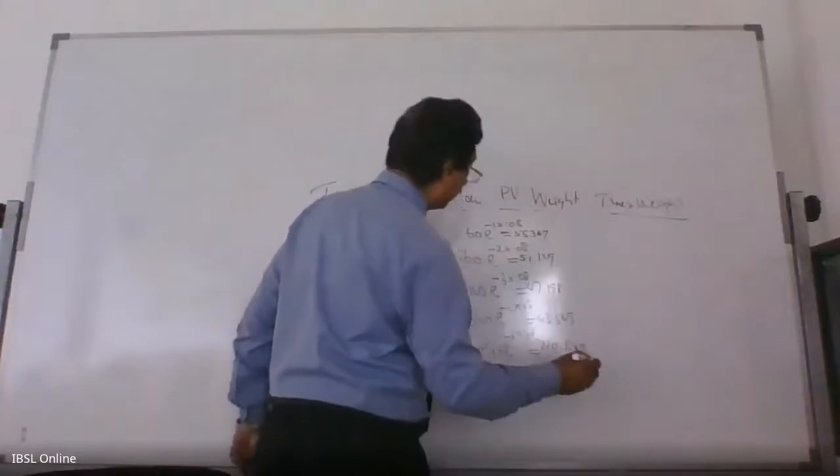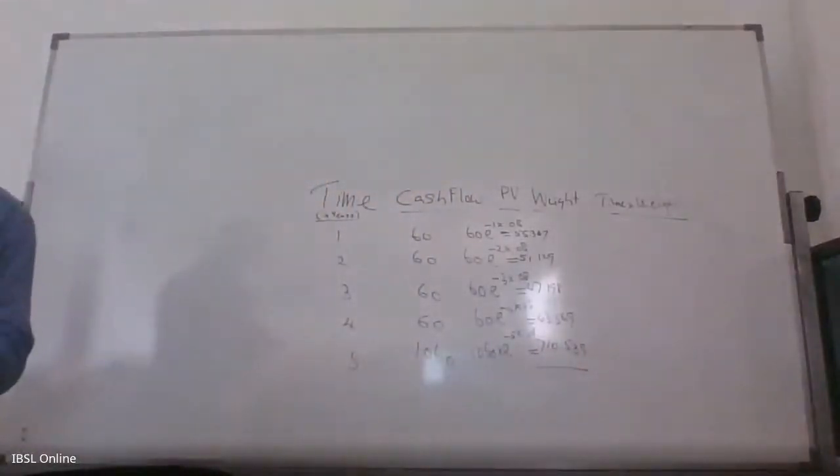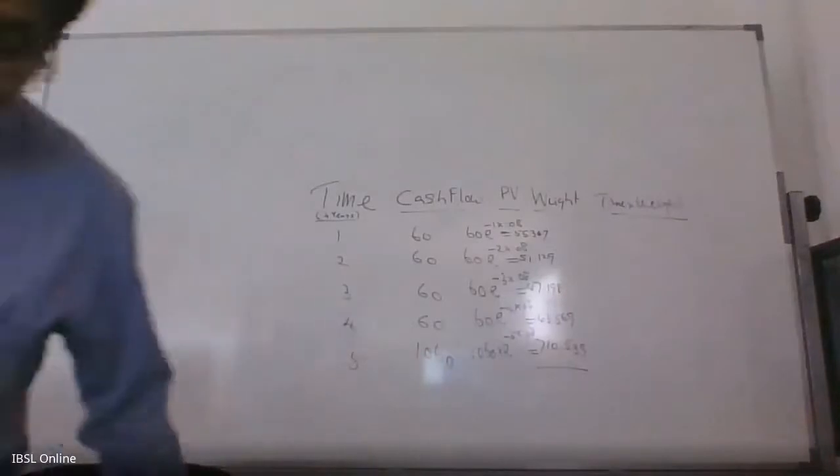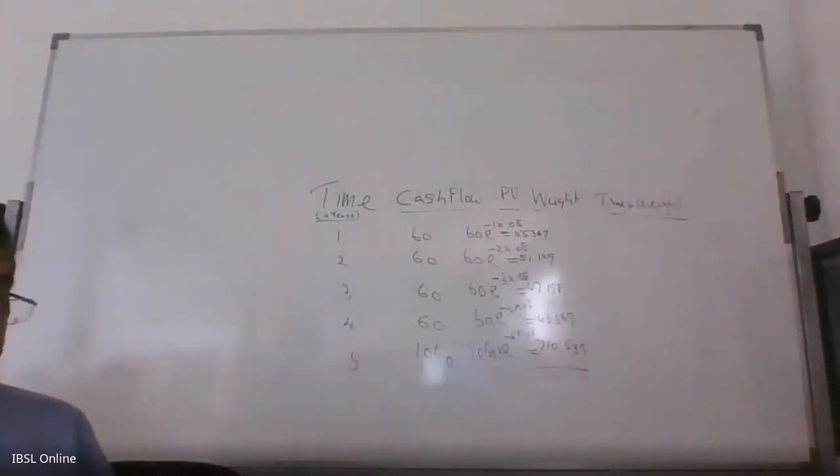Now, if you take the total here, I will just get the total. You can verify whether you have done it correctly. The first year's present value of cash flow is 55.387. Second year's present value would be 51.129.